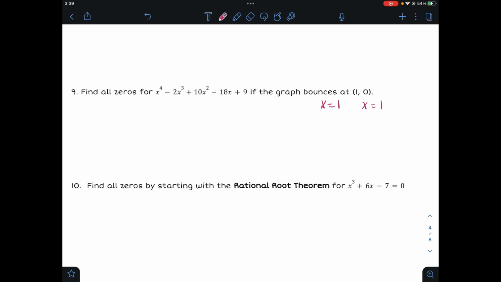We have 2 of them, so then we would use synthetic division. When we have a bounce, we're actually going to do it twice. So we're going to put in our pieces that we have, bring down our leading coefficient, and then we're going to work this really quickly.